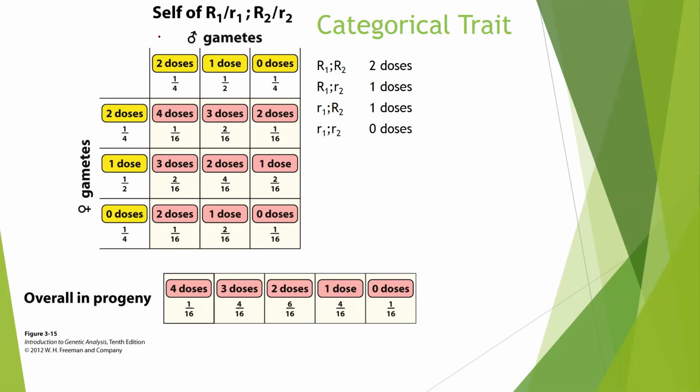Suppose we have two genes. One gene is R1, little r1, which is on one chromosome. We have another gene, which is called R2, big R2.